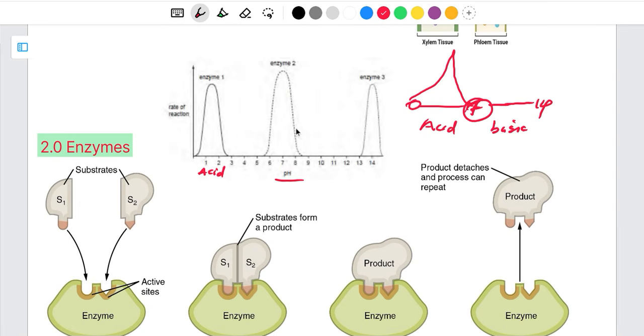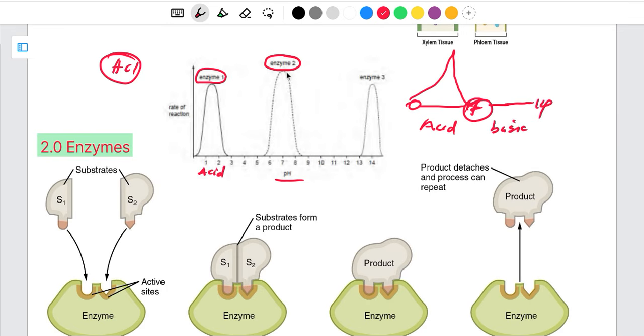So you have to know examples of enzymes. For example, talking of enzyme 1, it can be pepsin, because we know that pepsin is produced in the stomach, where the stomach produces hydrochloric acid, and hydrochloric acid is an example of an acid. So that is where it works well. On this part here, enzyme 2 can operate in the duodenum, because we know that the content that comes from the stomach enters the duodenum while still acidic, before being converted into alkaline.